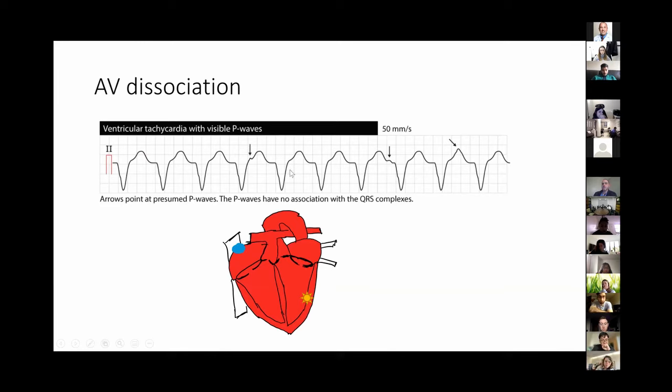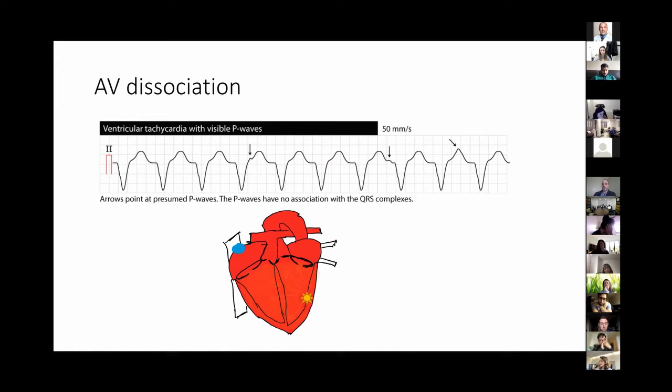They don't necessarily need to map out, because sometimes you will see them, sometimes they will be hidden in the QRS. But whenever you see this little pattern where somewhere in that wide strip you have a breakthrough of these little blips that could be atrial activity, that's highly suggestive of AV dissociation.